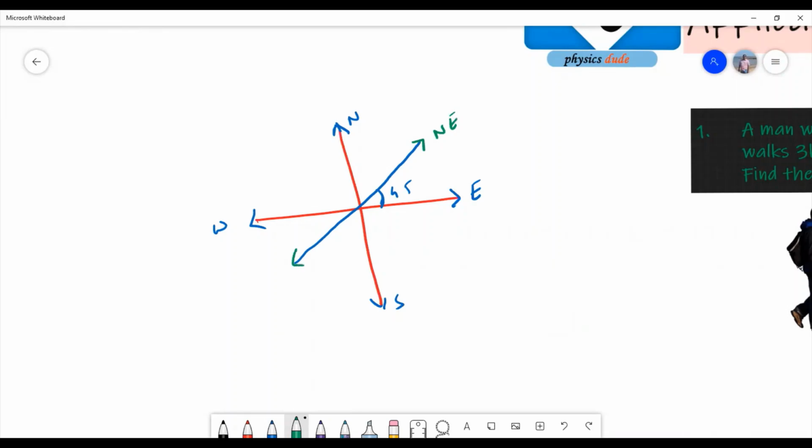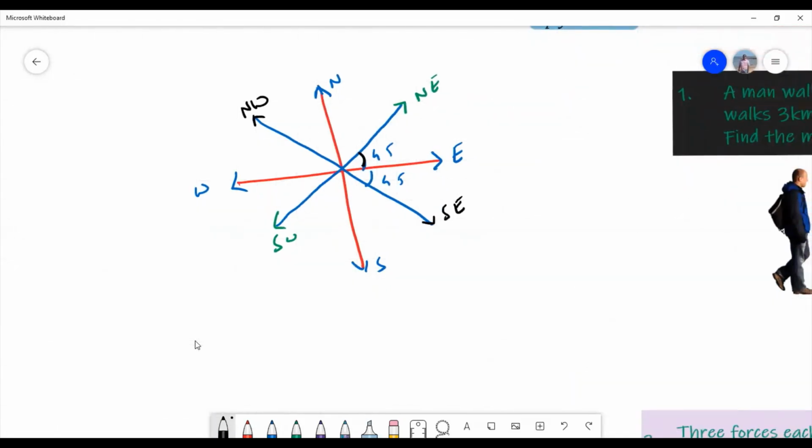Similarly, this becomes southwest. Again, if it bisects and this is also 45 degrees, then we call this southeast, and this is northwest. So when I say northeast, it means 45 degrees. This is one important diagram everybody should remember.